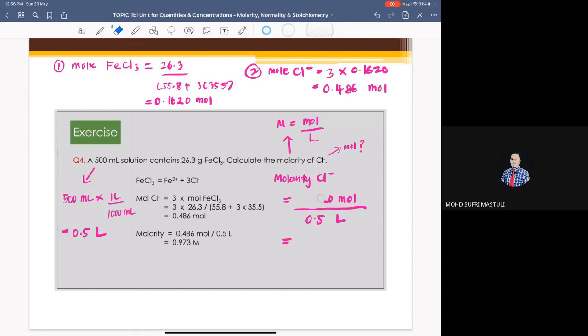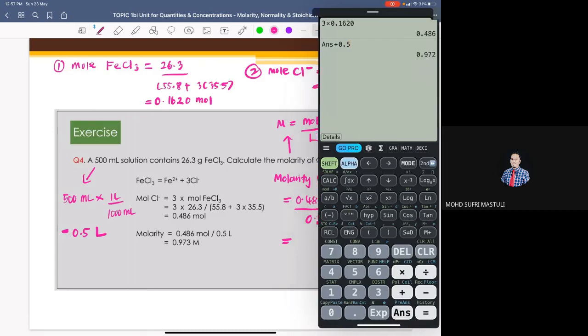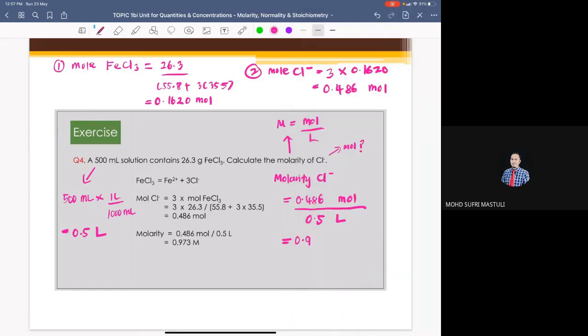So this one we have to change, 0.486 divided by 0.5, 0.972 mole per liter, molarity.